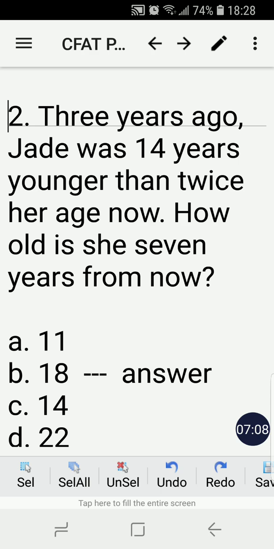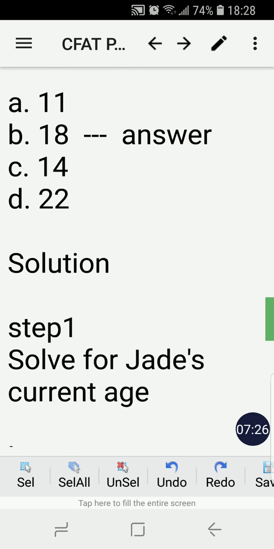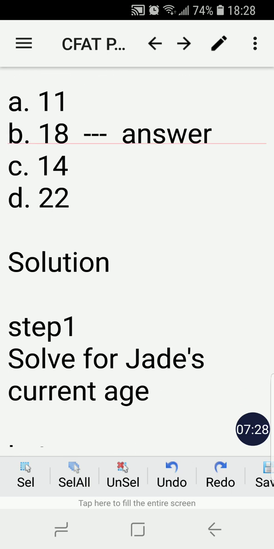So we now read the problem. 3 years ago, Jade was 14 years younger than twice her age now. How old is she 7 years from now? Here are your choices, and the correct answer is 18.